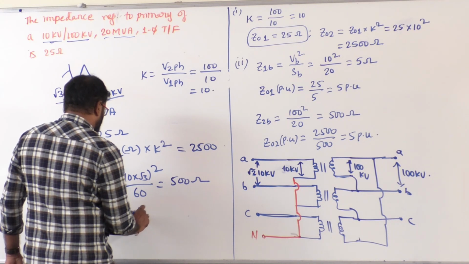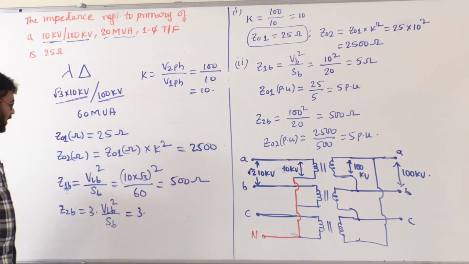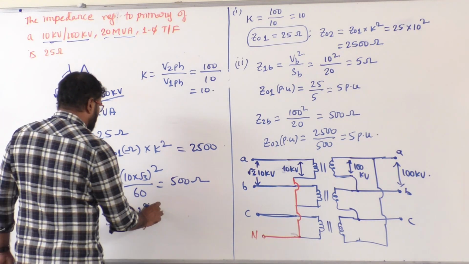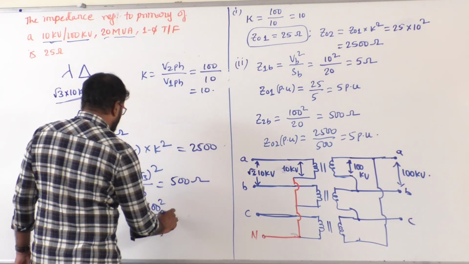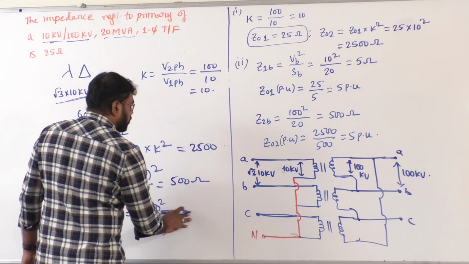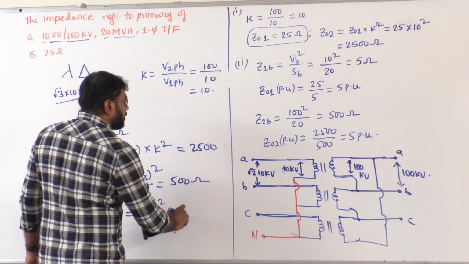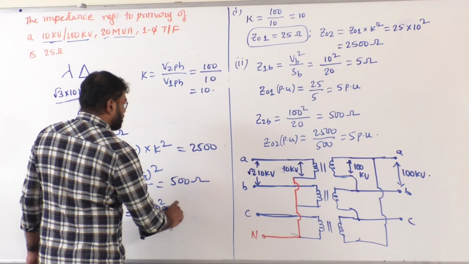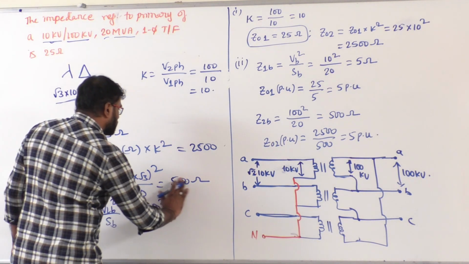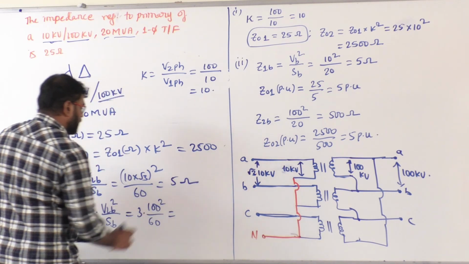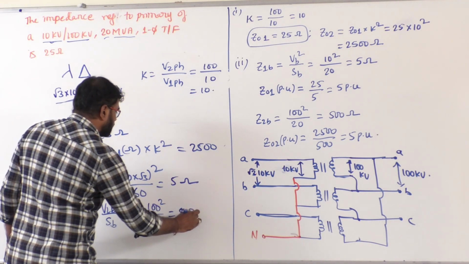So 3 times the line voltage base square, 100 square by 60. I'm sorry, this is 5 ohms, right? This is 5 ohms, but on the primary side we get 500 ohms.